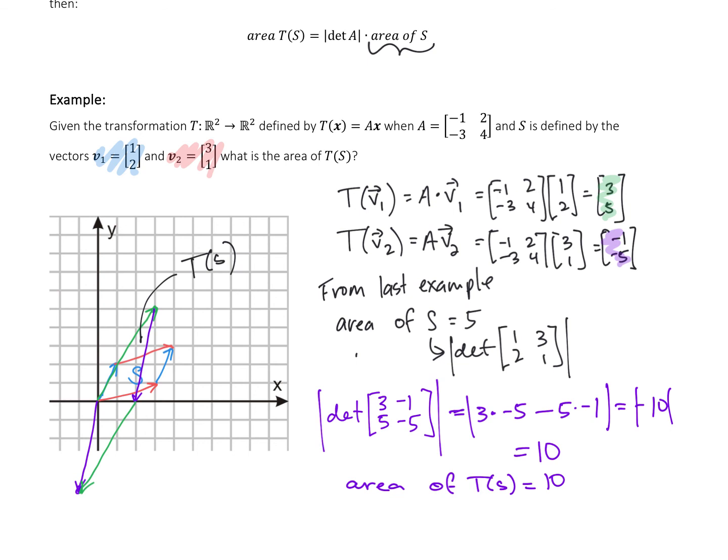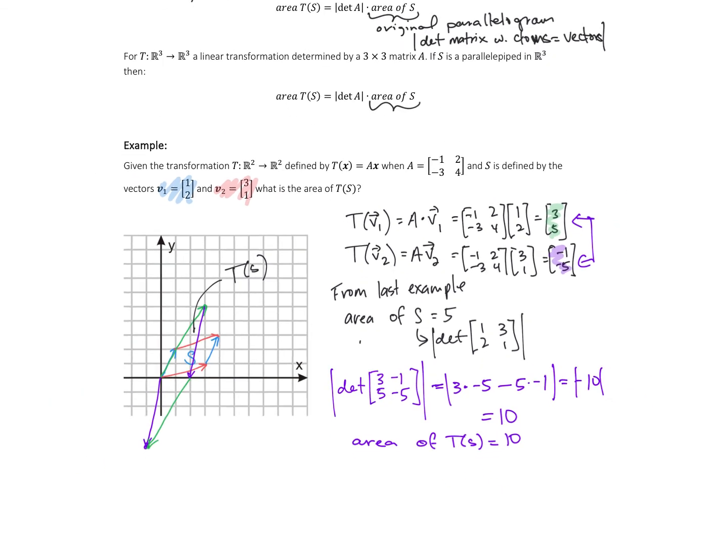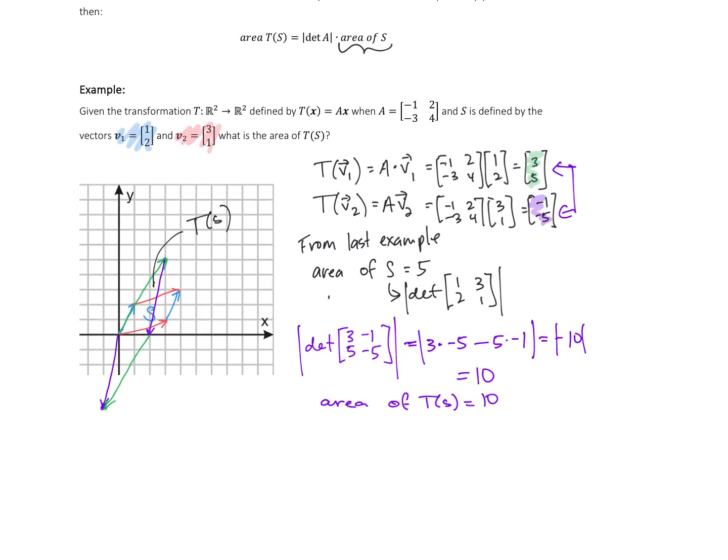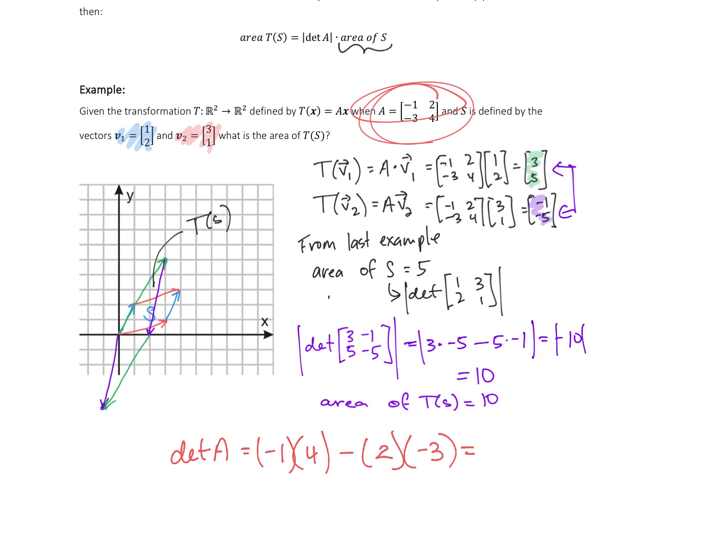Now, you ready? I don't even need to do this multiplication, because I can find the determinant of A, the original matrix. The determinant of A is negative 1 times 4 minus 2 times negative 3, which gives me 2, and we take the absolute value along the way. So that's 2.